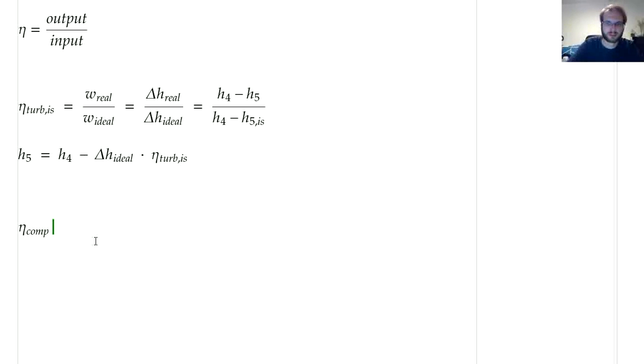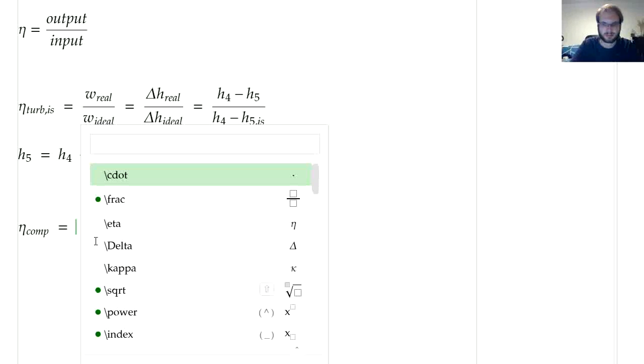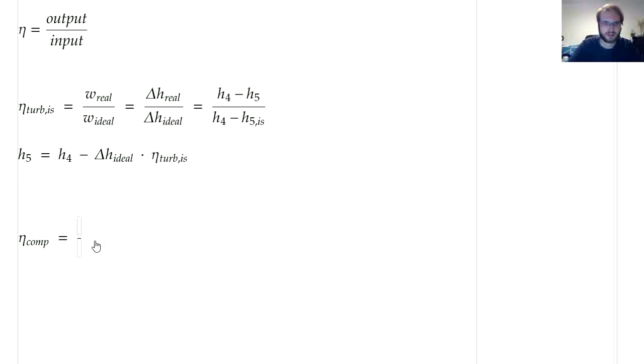Similarly, it will go for the compressor, but in case of the compressor, the ratio is different, because what we want to get is not the work, but to compress the gas into some given state.